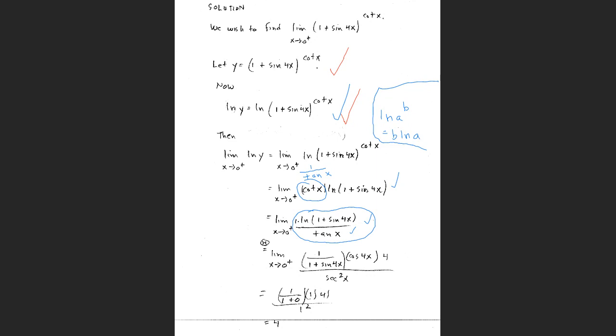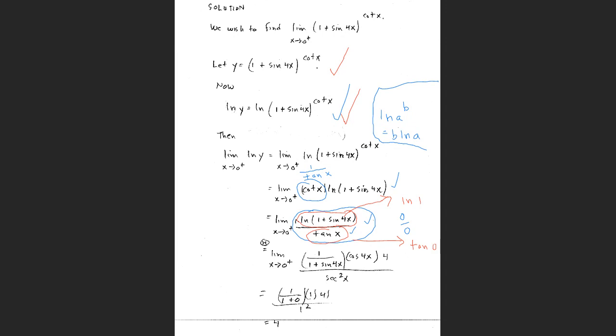And both functions, as x goes to 0, both functions go to 0. The log of 1 plus the sine of 4x, this on top here, is going to go to the log of 1, and the tangent of x is going to go towards the tangent of 0.